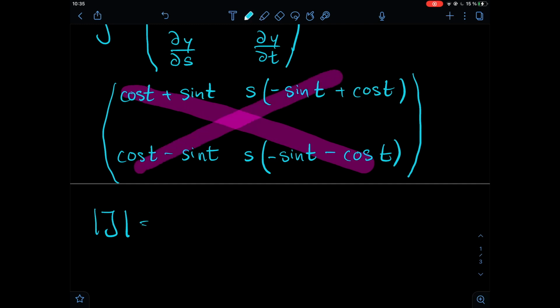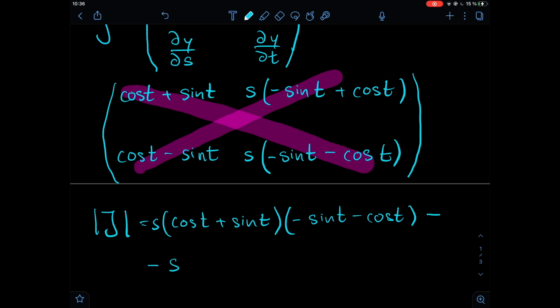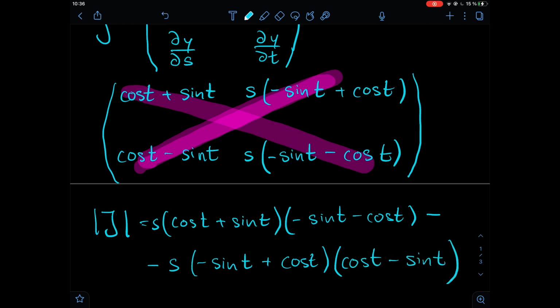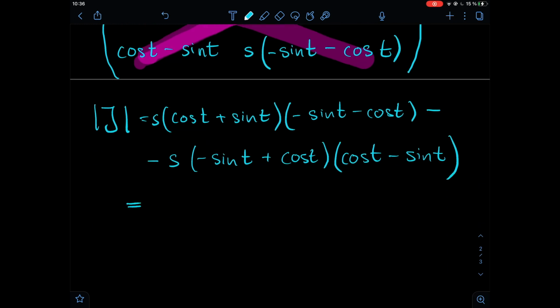So what we have is (cosine of t plus sine of t) multiplied by s, which we can extract, times (minus sine of t minus cosine of t), and then we subtract s times, now taking the other diagonal elements, (minus sine of t plus cosine of t), multiplied by (cosine of t minus sine of t). Alright, looks good so far.